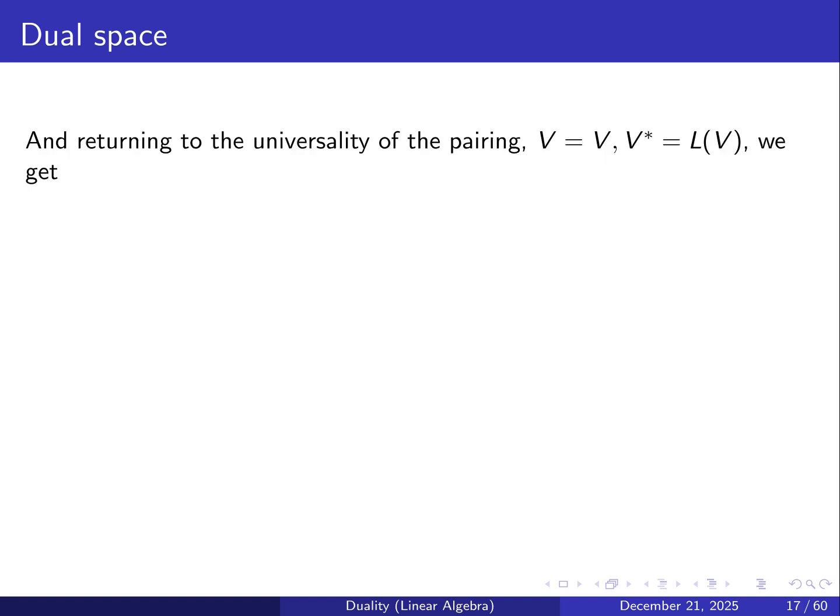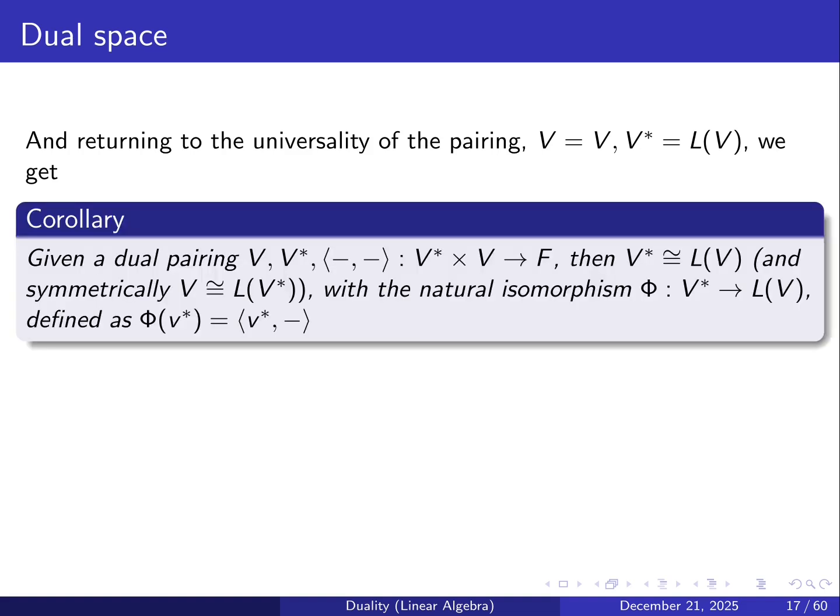And returning to the universality of the pairing, V and V star being the space of all linear forms on V, we get as a corollary: given a dual pairing V, V star with a scalar product denoted with angle brackets, V star is isomorphic to the space of all linear forms on V, and symmetrically V is isomorphic to the space of all linear forms on V star, with a natural isomorphism phi from V star to the space of all linear forms on V, defined as sending V star to the corresponding linear form.